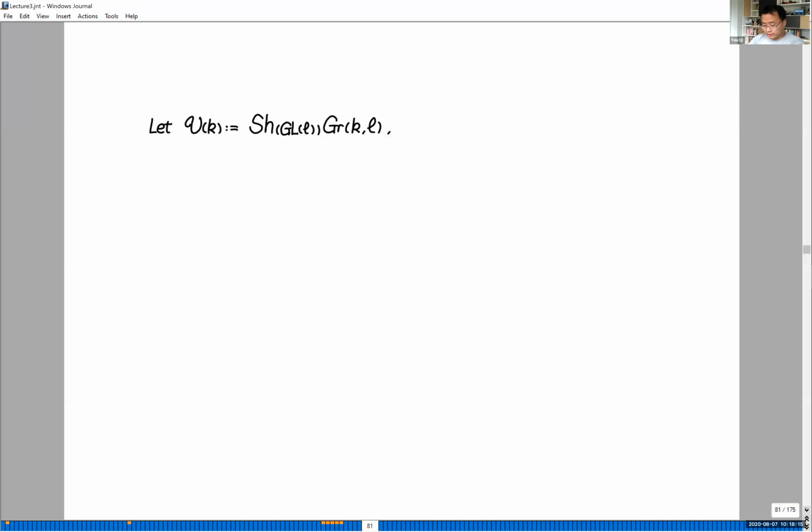So what is the geometric description of this representation? A very natural one, which probably goes way back to work of Bernstein on category O, is that they observed that if you consider the category of GL_L-constructible sheaves on the Grassmannian of K-planes in L space.